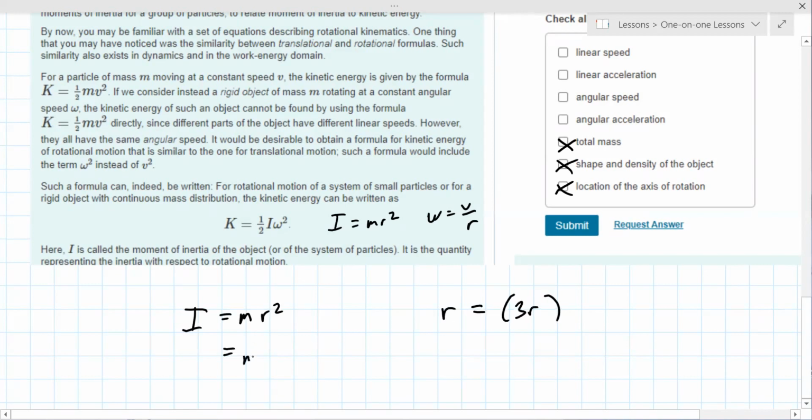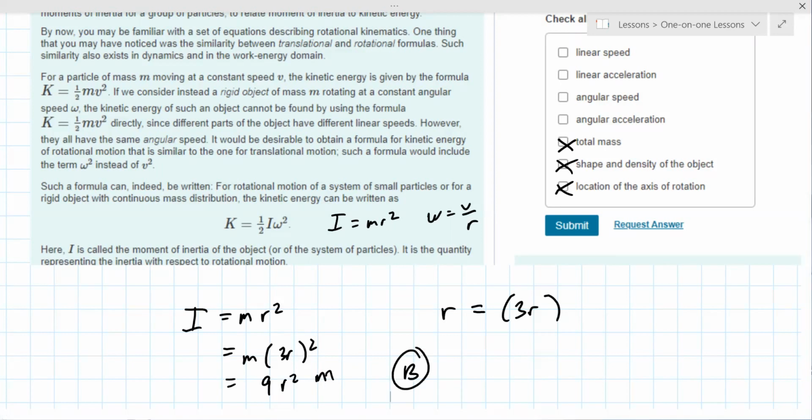So I equals m times 3r squared, which is 9 mr squared, letter B there. Can you repeat that? Letter B, 9 mr squared.